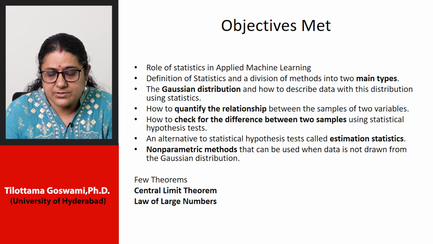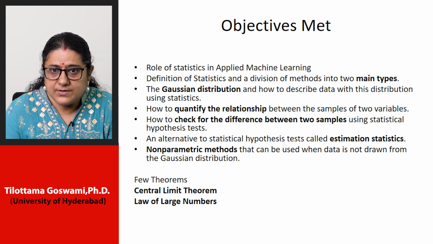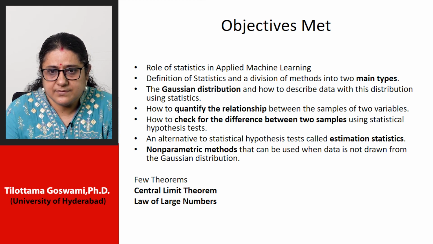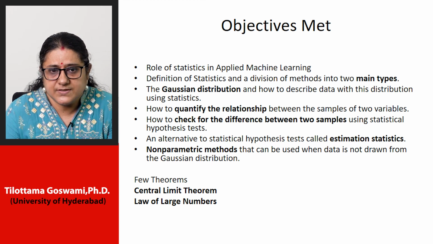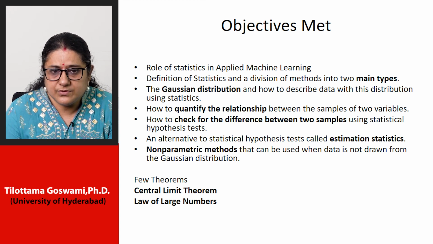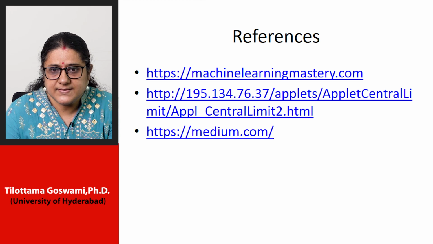What is H0? What is H1? What is the null hypothesis or the alternative hypothesis? What is the significance value, that is the p-value, the estimation statistics, and how non-parametric methods can be used when the data is not drawn from the Gaussian distribution. And a couple of theorems we have discussed, that is the central limit theorem and the law of large numbers. These are the references. Thank you.